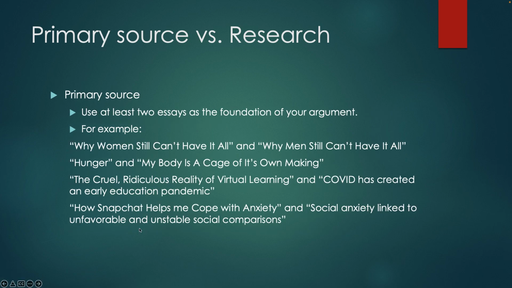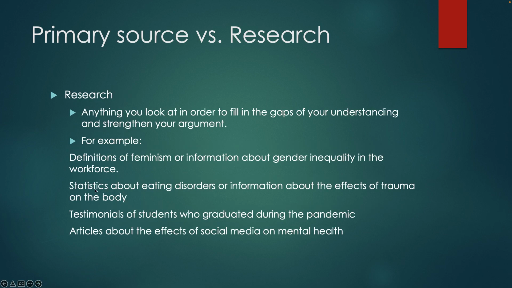For example, if you want to write your essay about why women still can't have it all and why men still can't have it all, those are your primary sources. That's where you're going to pull a lot of your evidence. However, you might also want to look up some definitions of feminism or some information about wage gaps and gender, things like that.